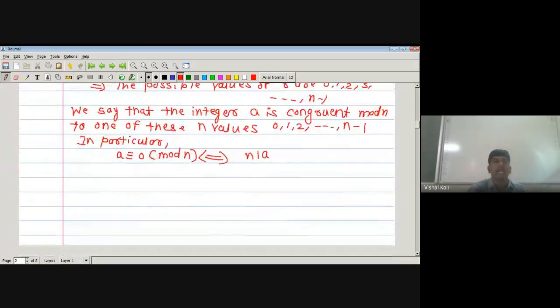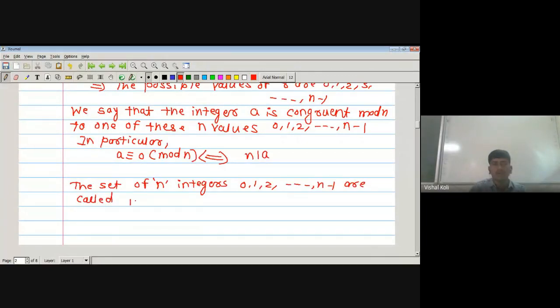Okay, and the set of integers 0, 1, 2 up to n minus 1 are called least non-negative remainders modulo n, since they are obtained by division of the integer a by n.